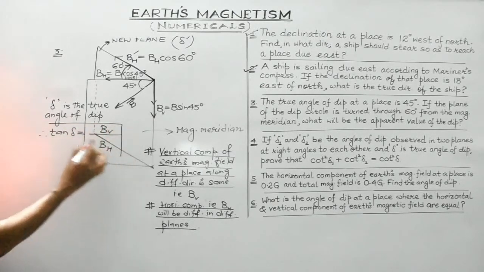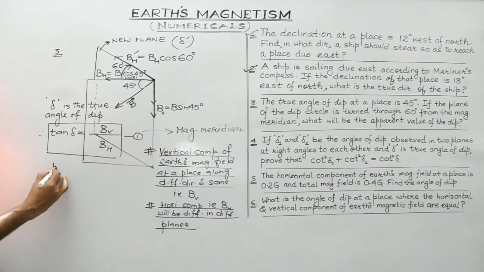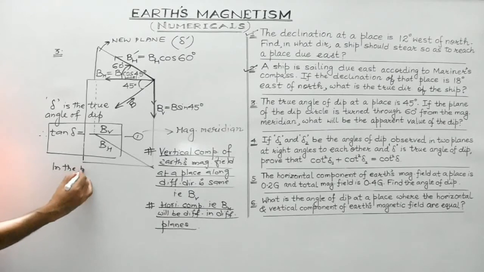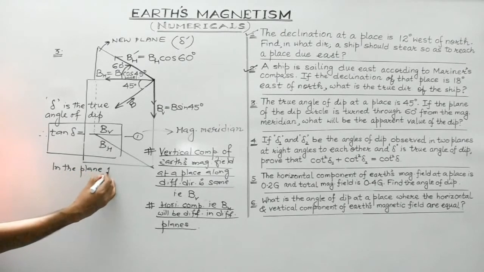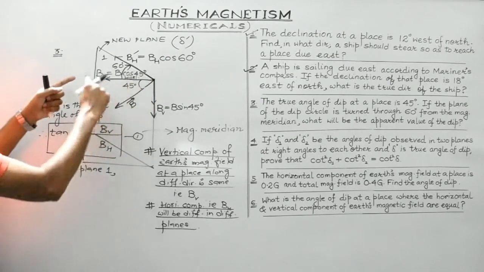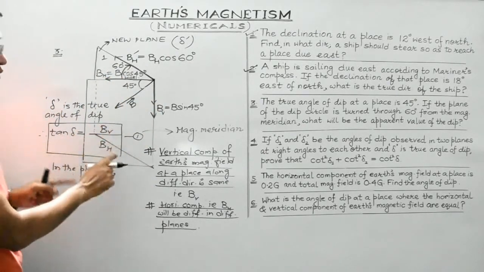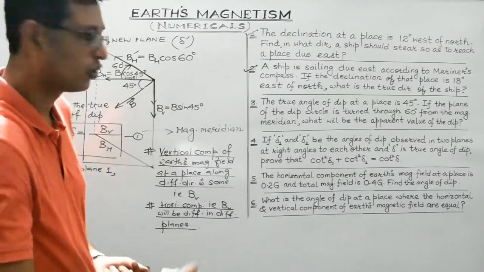This we are already aware of, isn't it? Put this as equation 1. Now, this is plane 1, the plane which is the magnetic meridian. Here, the true value of the angle of dip is tan delta equals BV by BH. That we are already aware of.